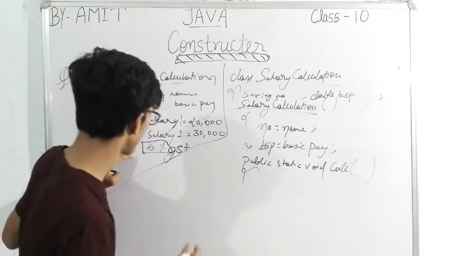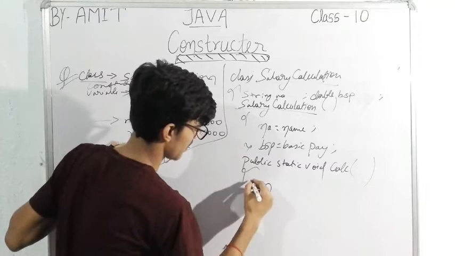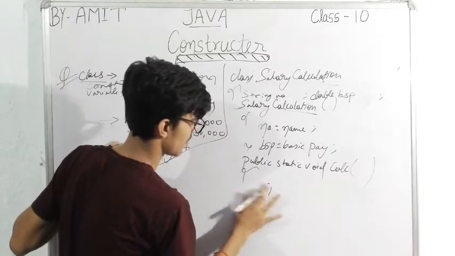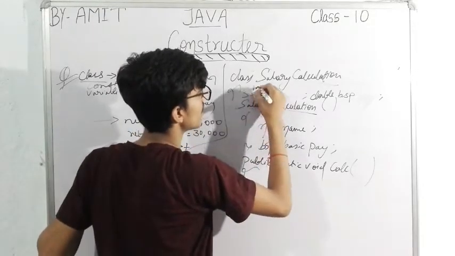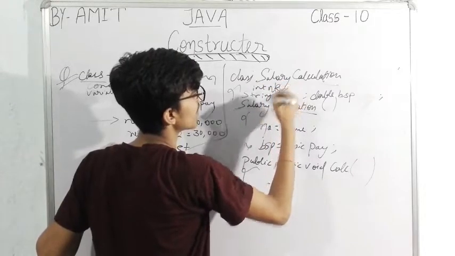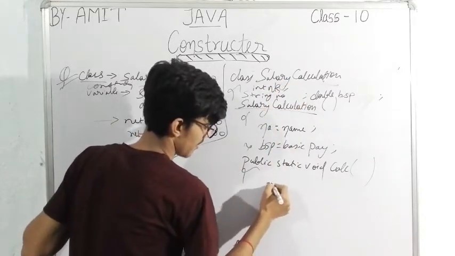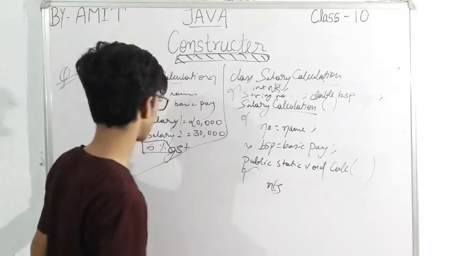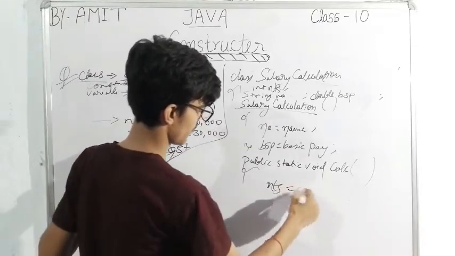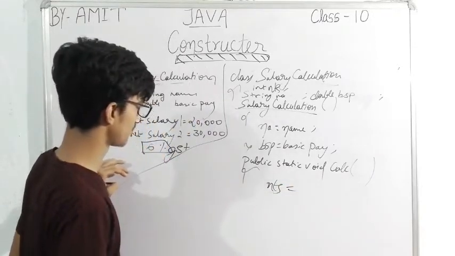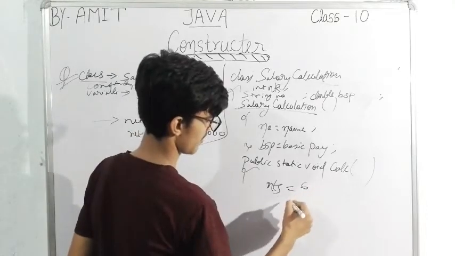So we'll check here. Write int NTS is equal to 6.